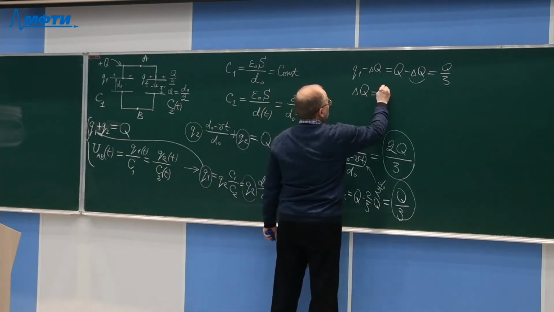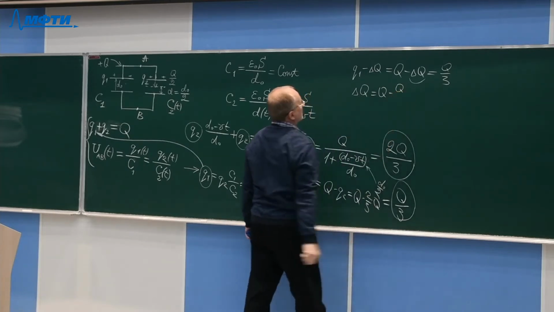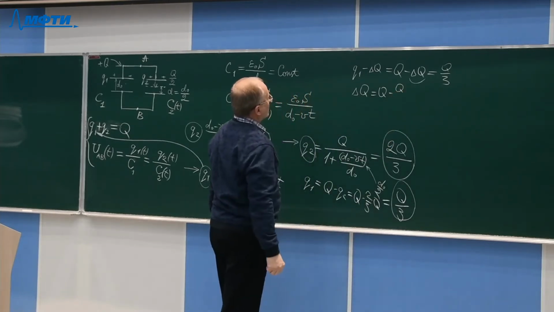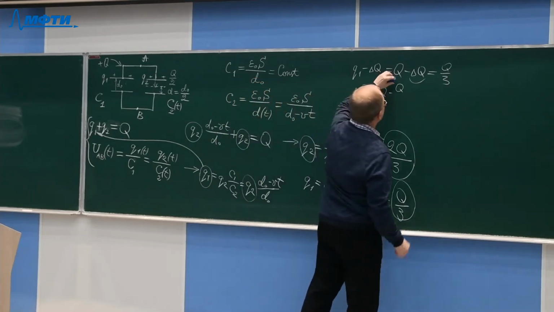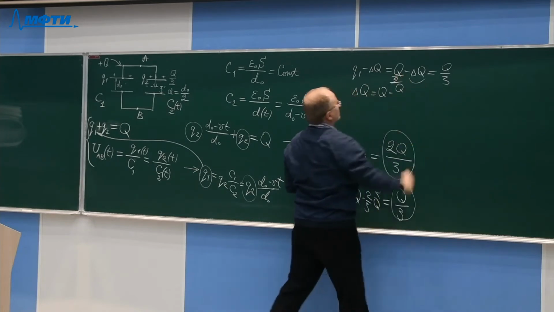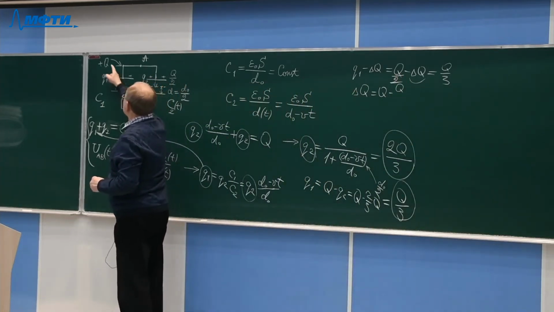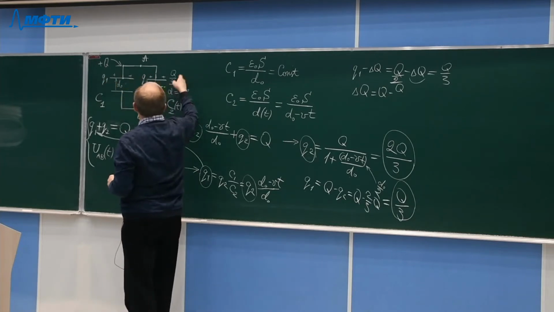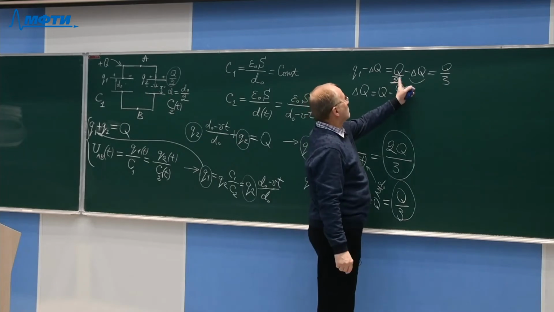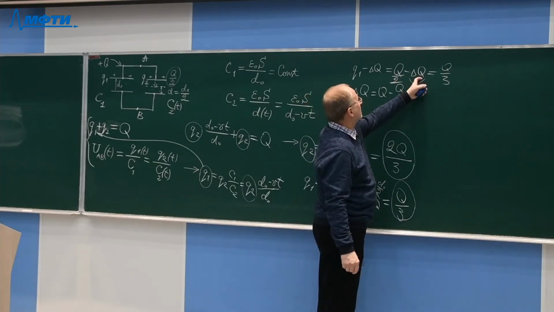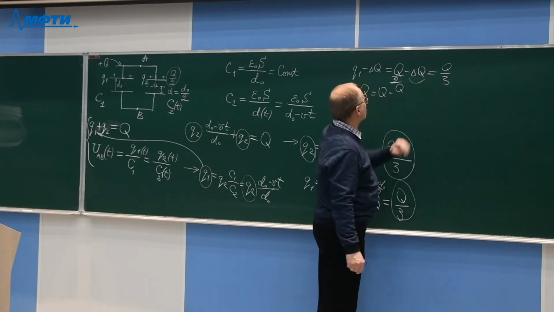It will be Q minus... the original charge of the first capacitor was not Q, it was Q divided by 2, certainly. Originally, the charge on the first capacitor was total charge divided by 2, and the same charge was on the second capacitor. So it was Q divided by 2 minus some unknown quantity, and that will finally give us Q divided by 3.